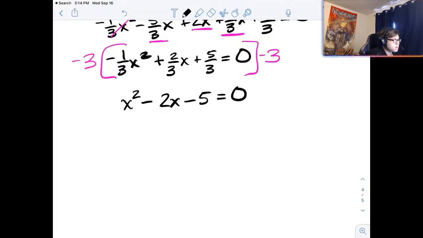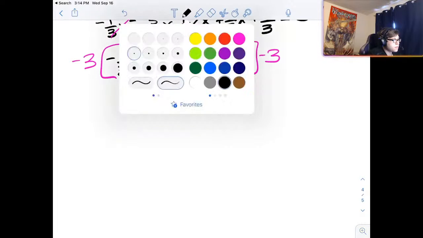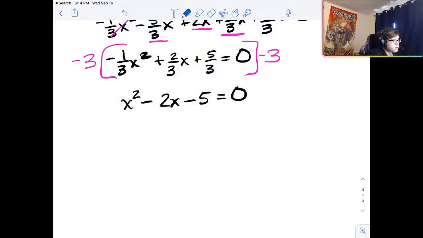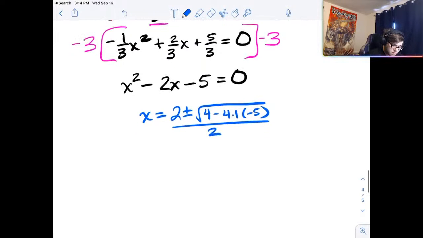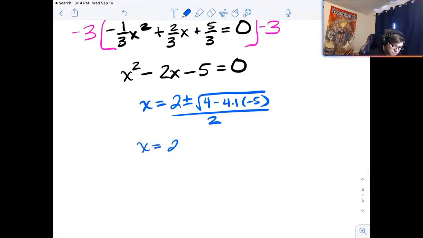Now, this does not factor, you guys, so believe it or not, we needed an extra layer to this question, but we're going to have to do the quadratic formula. X equals negative b plus or minus the square root of b squared minus 4ac all over 2 times a. Let's see how this reduces. I believe I get 24 underneath the square root because a negative times a negative is a positive.